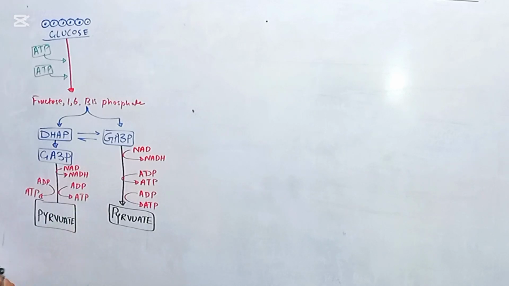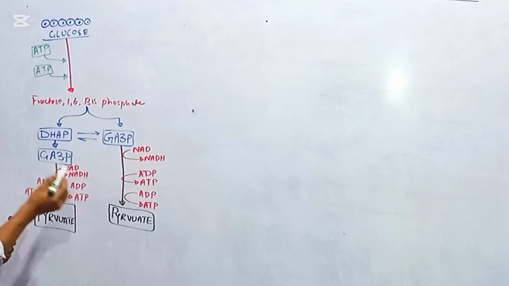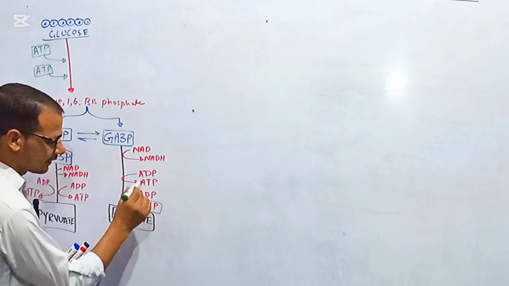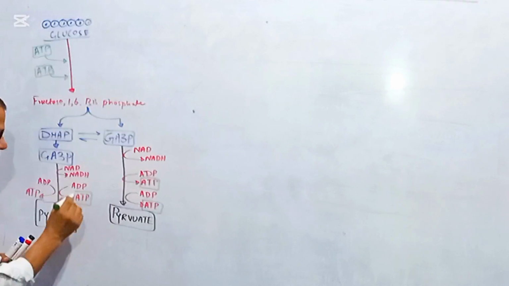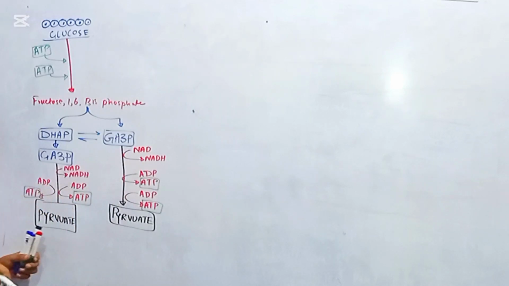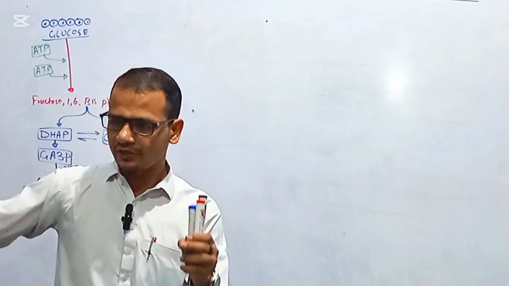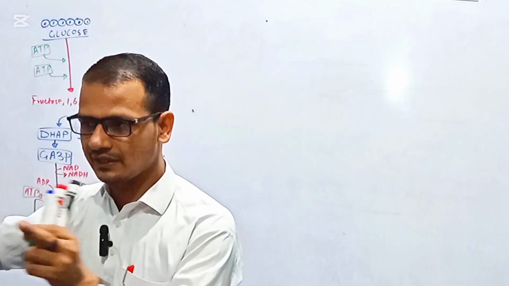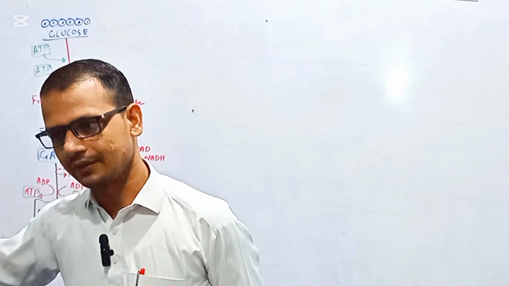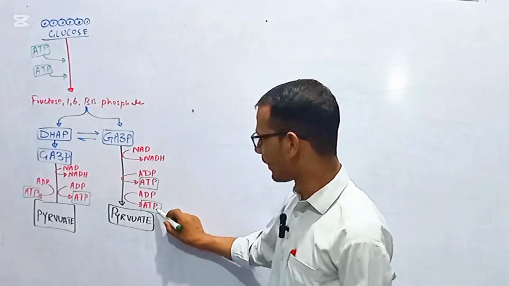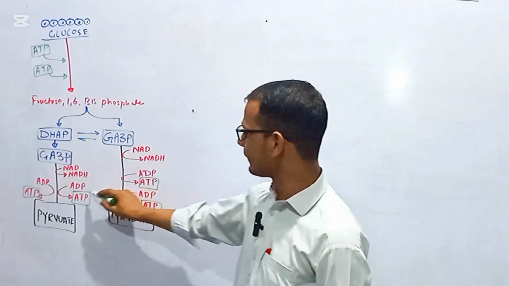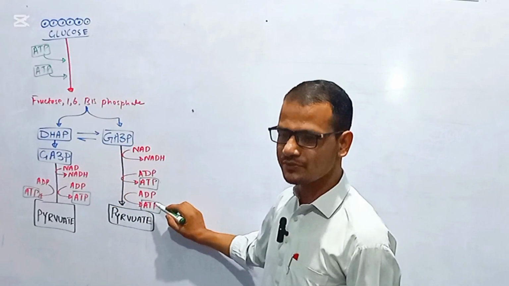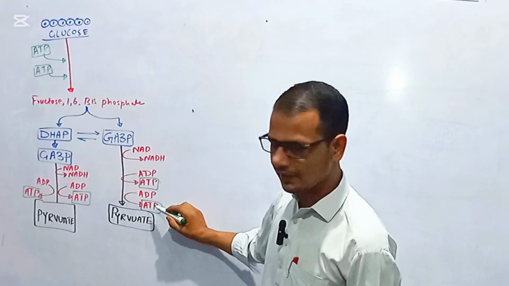This step is called the energy production phase, right? Here how many ATPs directly? This is the cash energy, which is formed by substrate level phosphorylation. Any ATP production which doesn't need oxygen is called substrate level phosphorylation, so all this cash energy is formed by substrate level phosphorylation, right?